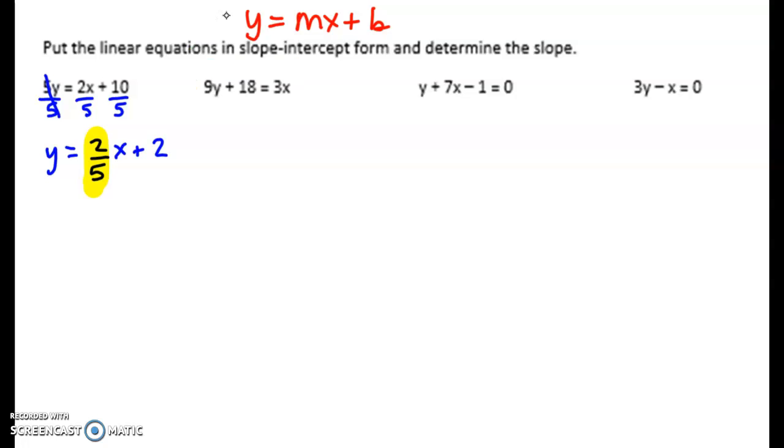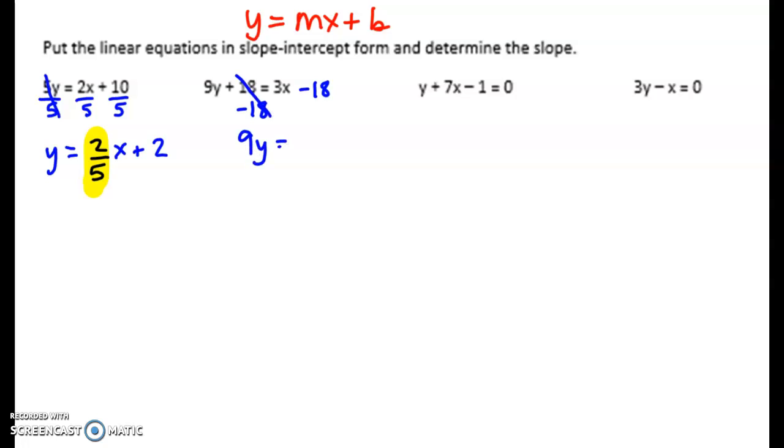Let's look at the next question. Okay, so here we want this positive 18 to be on the right side. We also want this 9y to be 1y. So first step would be to subtract. We do the addition first, subtraction first. That will be 0.